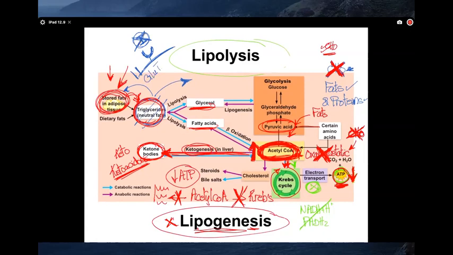If I don't have insulin, would I allow the glucose in? What do you think? Anybody? No. No. All right, so if you are not allowing the glucose in, this means you will not be getting the oxaloacetate, and so you're gonna have the same exact problem.